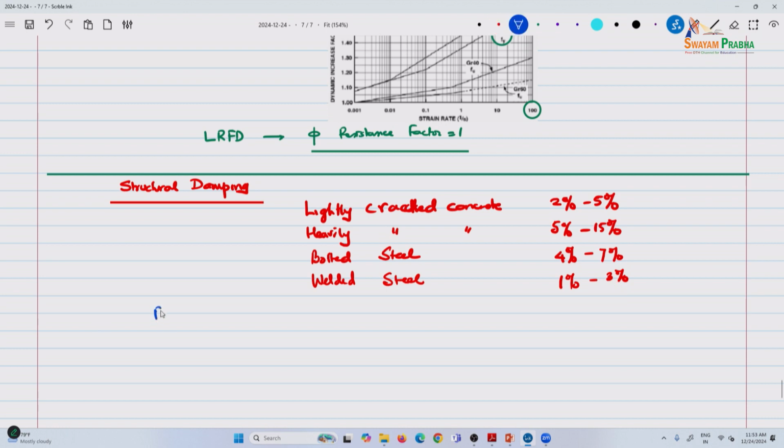But in blast analysis, even for damping, you need time, because damping is nothing but energy dissipation, and in energy dissipation you need time for that energy to dissipate. In blast analysis, the time is very small, in milliseconds.